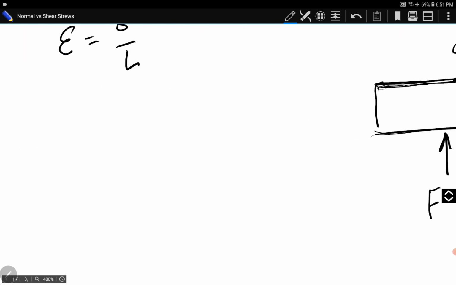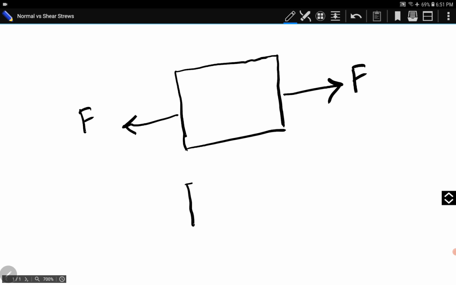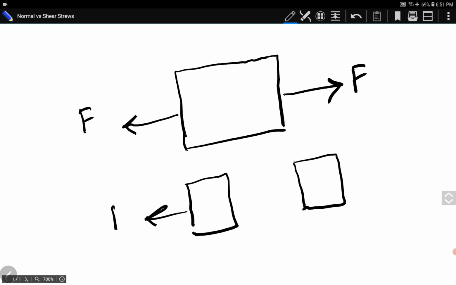Similarly, in case of tensile or compressive force, which we call normal stress, they are trying to elongate a body, and if this body breaks in two pieces like this, and I'm taking one of the sides like this one, there will be a reaction force on the fractured surface or the broken surface which will be equal to the action force, and it is perpendicular to the area.